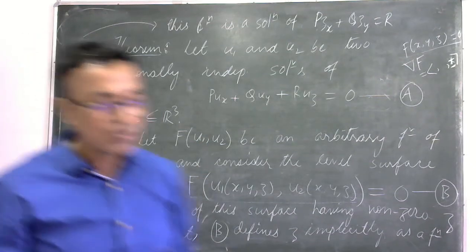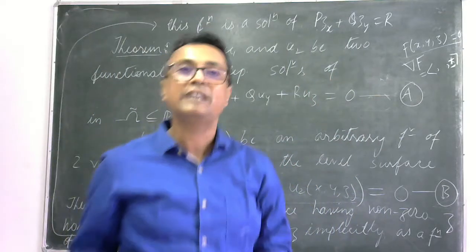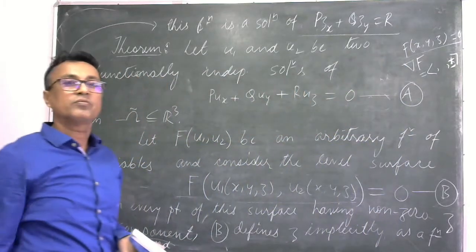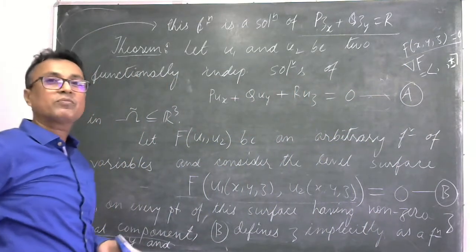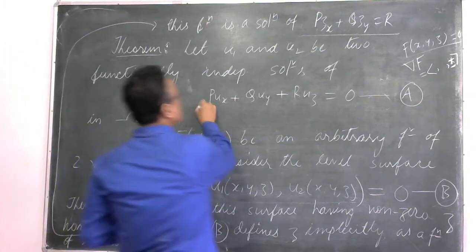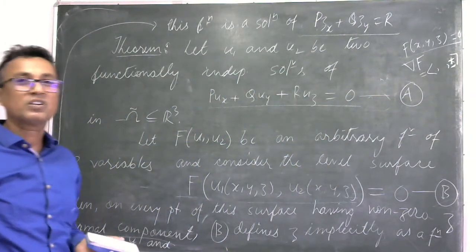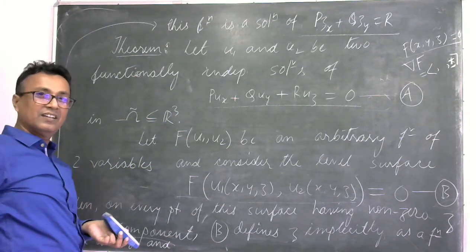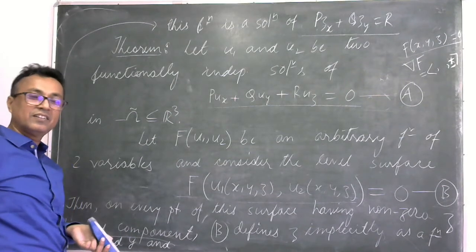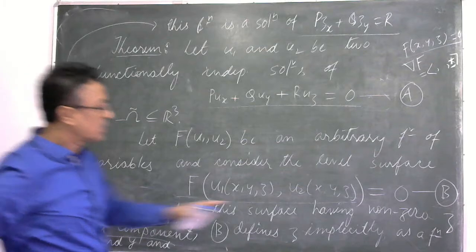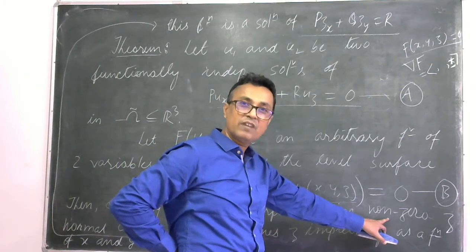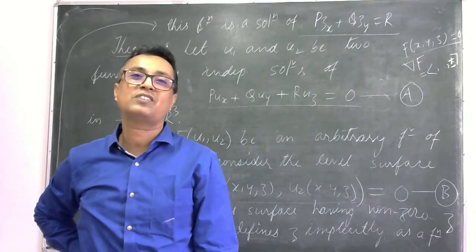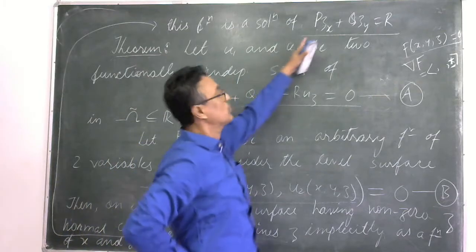So basically what this theorem is telling you is that in order to solve this equation, we have to find two first integrals of this equation, and then under this given condition, I would have an explicit expression of z as a function of x and y, which is going to be a solution of this.